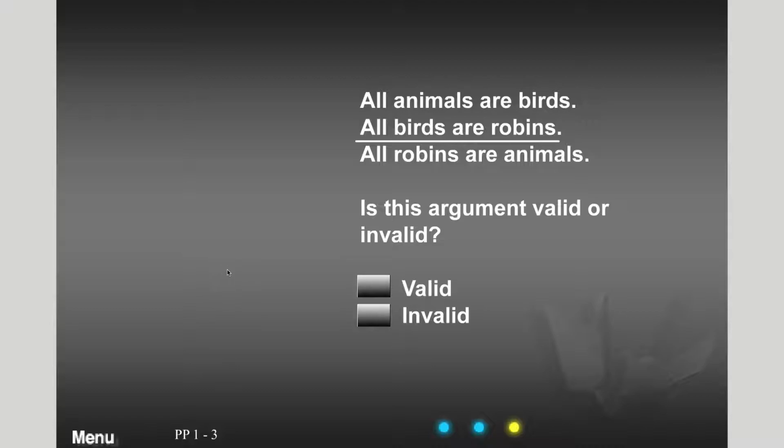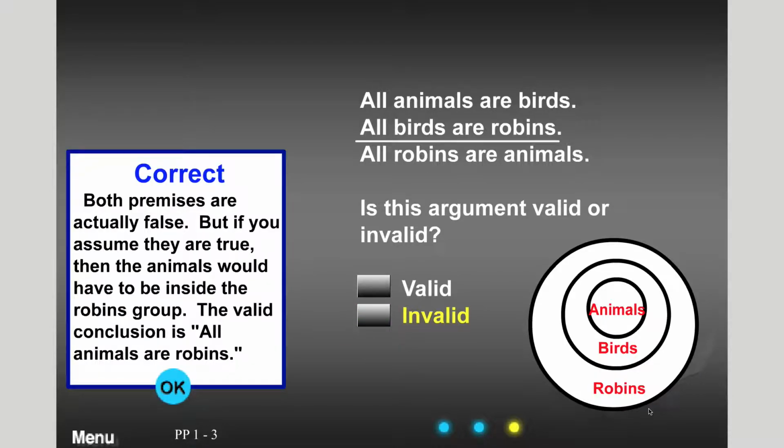And then all robins, do they all fit in the animals? No, because the broadest category, of course, is birds. The birds would be the farthest one out. So it is an invalid argument, right? Robins turn out to be the largest circle here. Both premises are actually false. But if you assume they are true, again, validity, we are just assuming for the moment they are true.